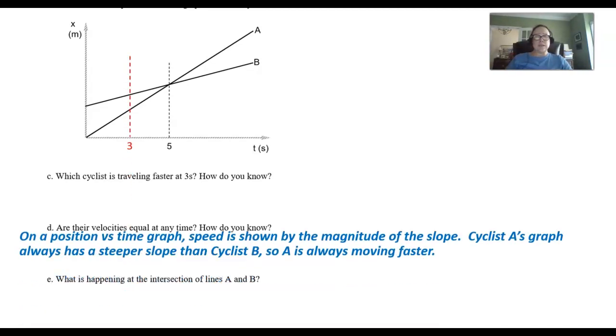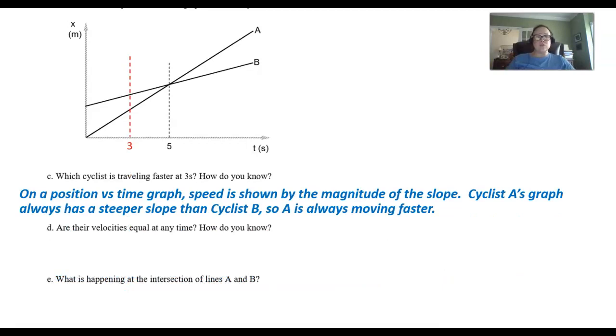Actually, it is the magnitude of the slope that identifies the speed. So cyclist A, their position versus time graph has a steeper slope than the line that's showing the graph for cyclist B. So therefore A is moving faster at time 3 seconds because it has the steeper slope.